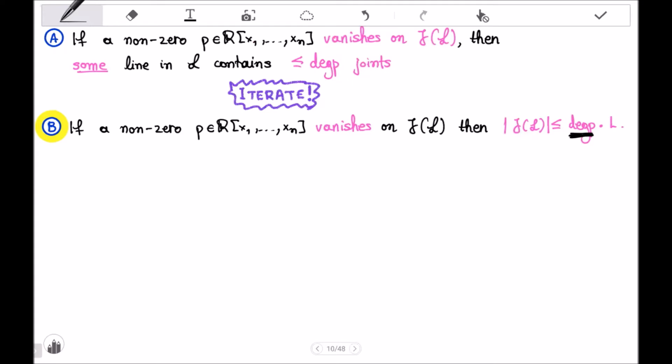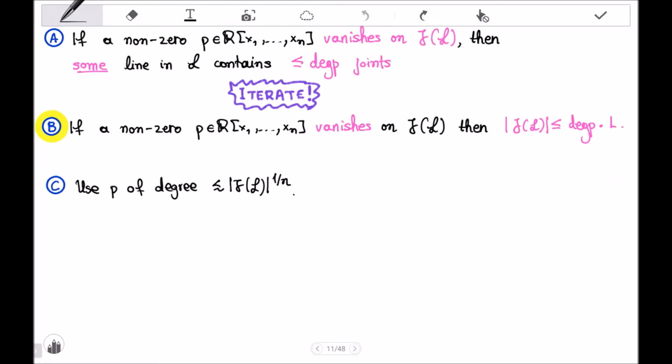So the lower the degree, the better estimates you get. And then in the final step, we'll simply apply this for a polynomial that we understand vanishes on the joints, this one of this degree that comes from the vanishing lemma we discussed. Okay, so that is the sketch.